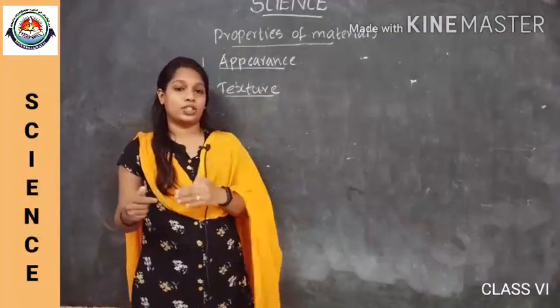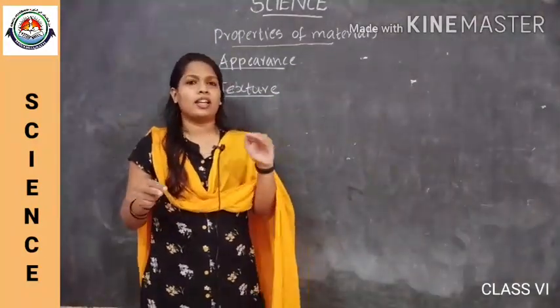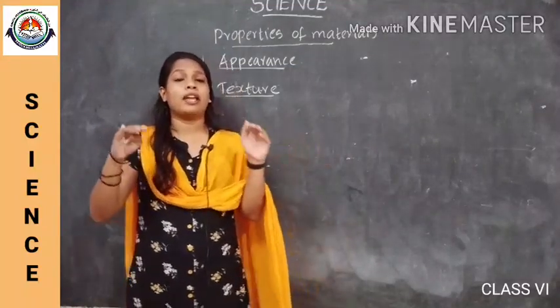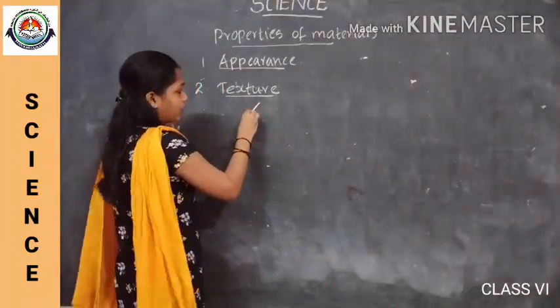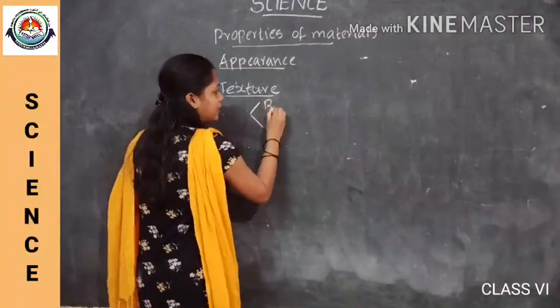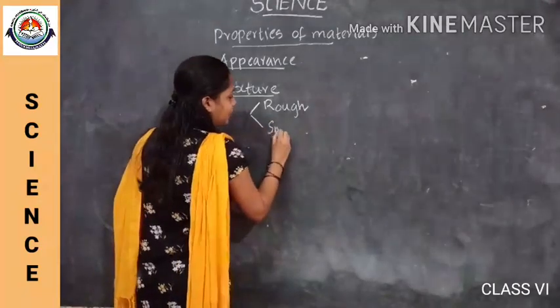So what is texture? When we touch some materials, the surface will be either rough or smooth. So according to texture, the materials are classified into rough materials and smooth materials.